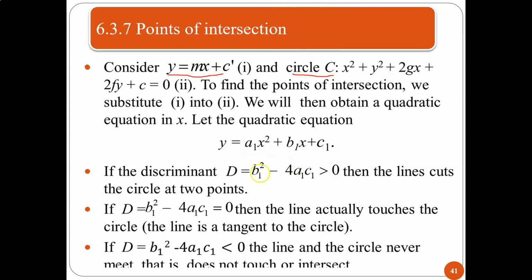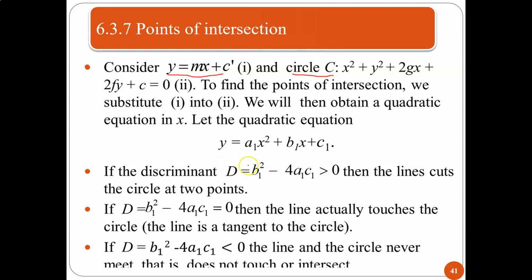Okay, next, if the discriminant D equals b squared minus 4ac is greater than 0. If you remember, this is what you learned in chapter 2, b squared minus 4ac in a quadratic equation, where you want to determine the types of roots, whether it is two real distinct roots, or two same real roots, or complex roots.